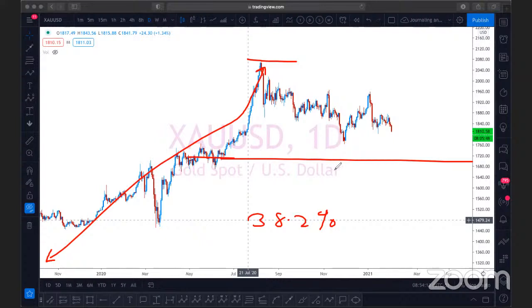This area would have been the 38 zone. We had a correction out of the market in here, a WXY correction, and I labeled that initially as wave 4.